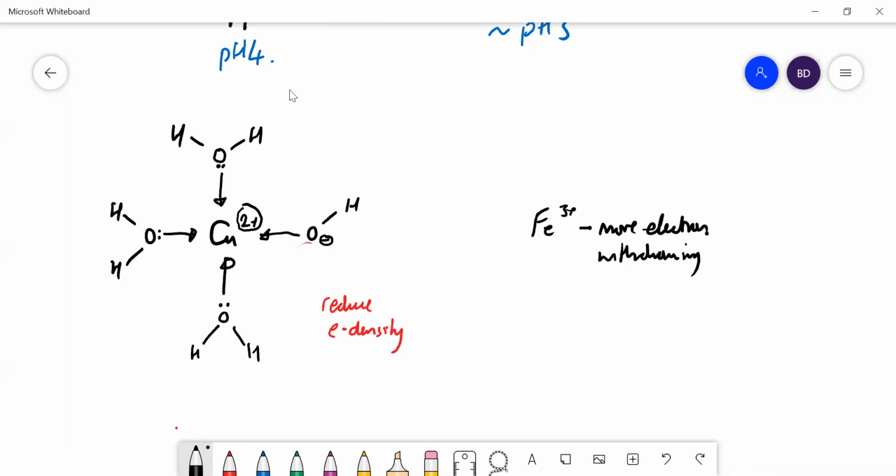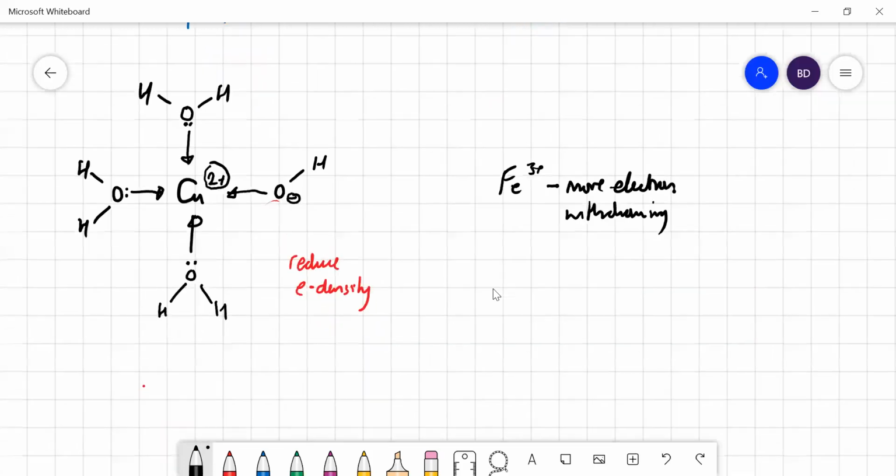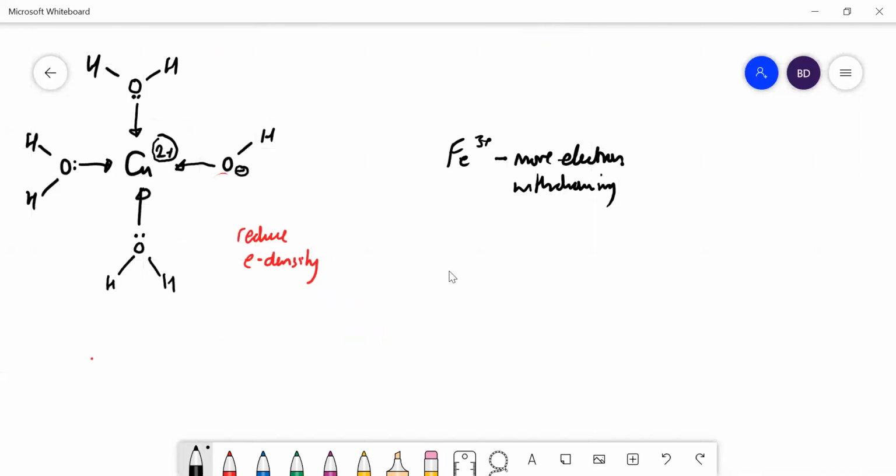Right, so you can actually work out that these complex ions are Bronsted-Lowry acids. Let's think of the Fe3+. Fe(H2O)6 3+ is the acid. It gives away a proton.